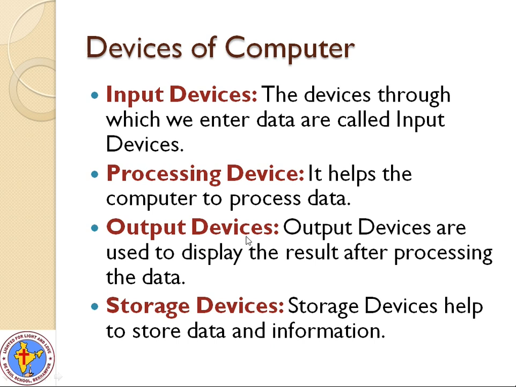Output devices which gives the result after processing. And storage devices which help to store data or information. So a computer is made up of four types of devices: input devices, processing device, output devices and storage devices.